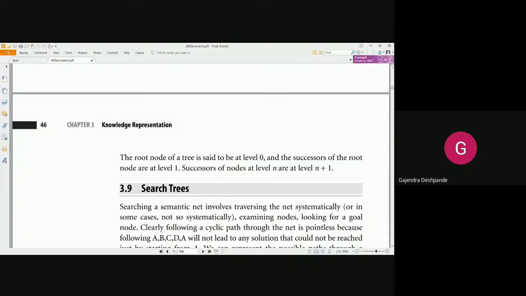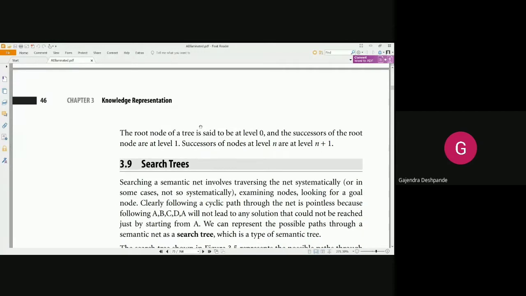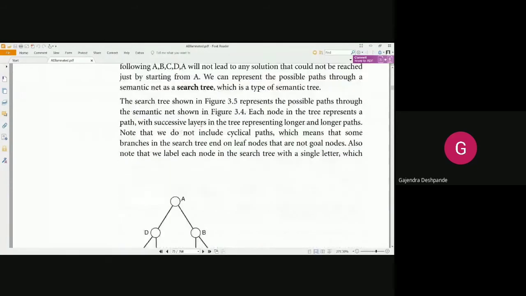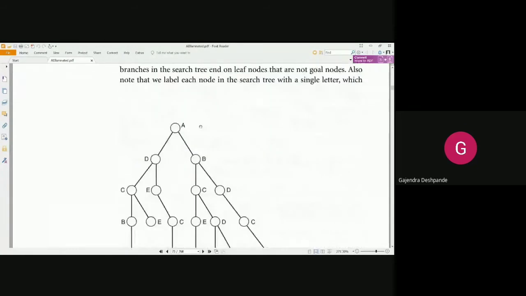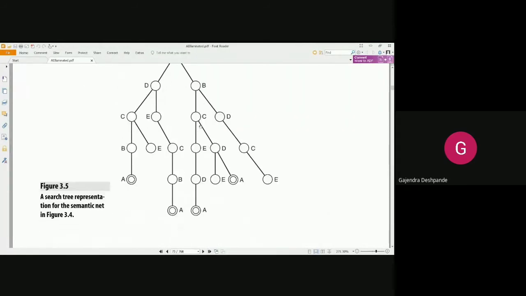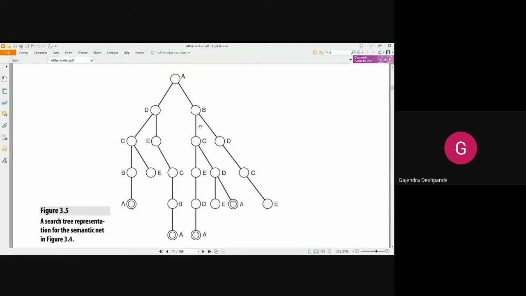So in the previous class, we had discussed the concept of search trees. We have also discussed how you can represent a graph as a search tree. So we know that a search tree is a tree which represents all possible solutions.